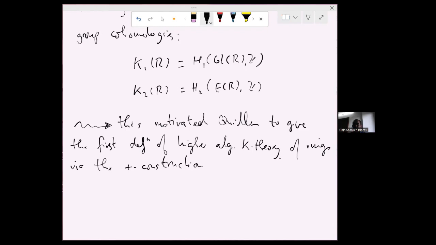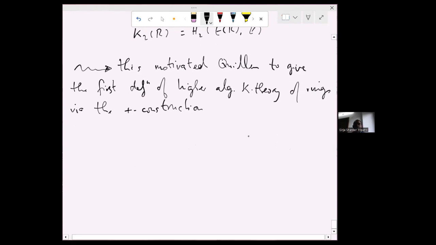So what he did was this general construction from topology, and he lifted it up in this situation with BGLR.